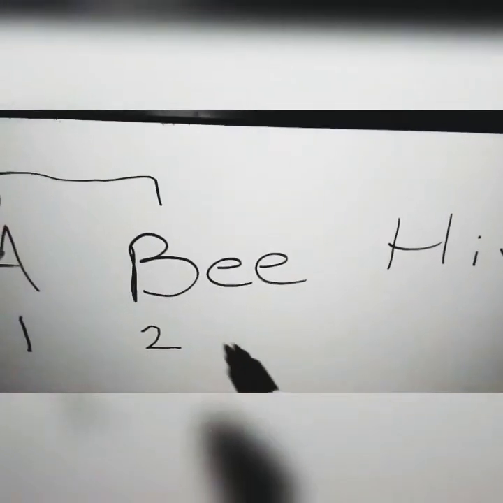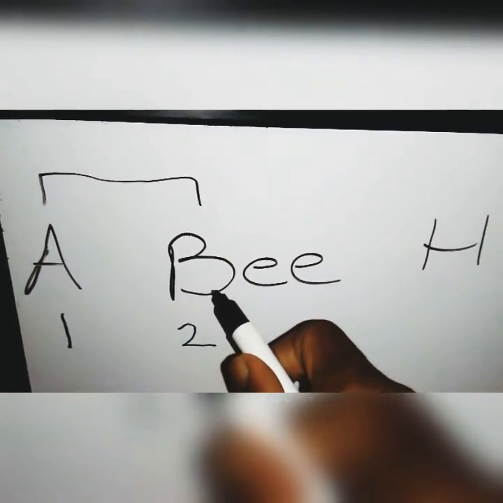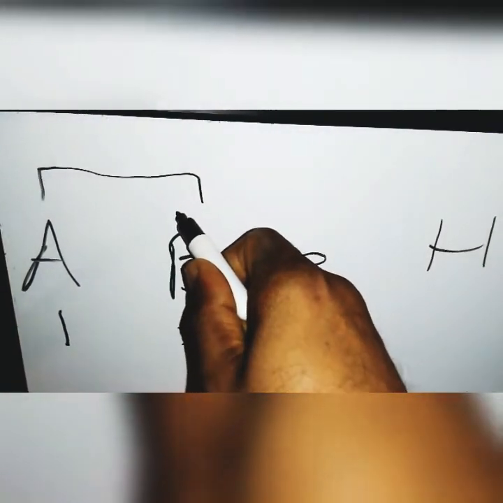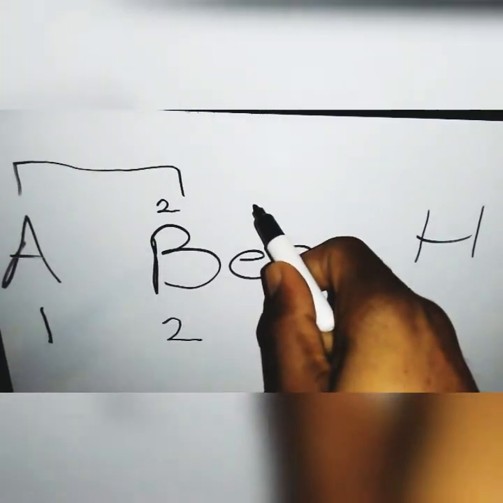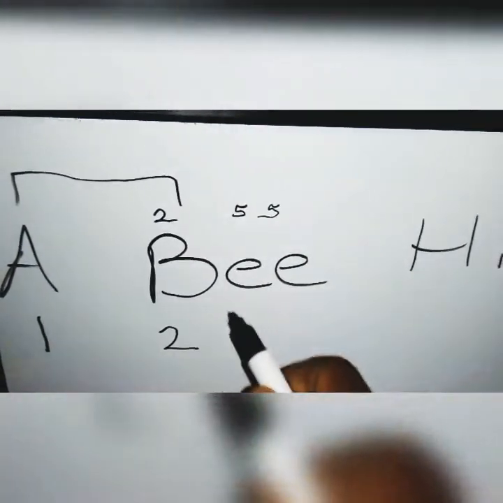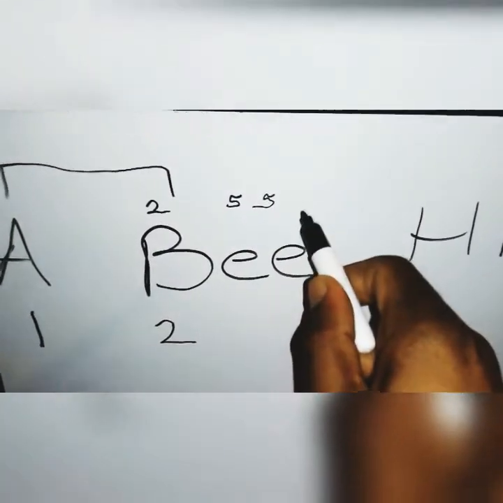Let's add up the full mathematical equation to BEE. B is the second letter in the alphabet. E is 5. So what you have is 5, 5, 2.